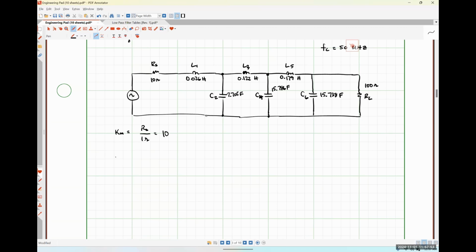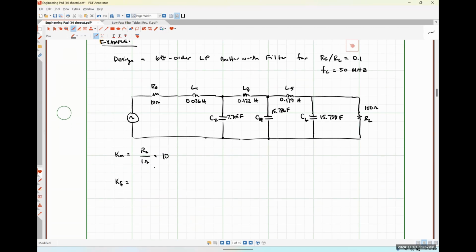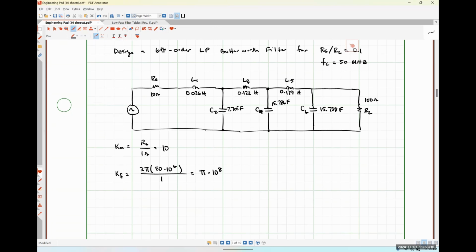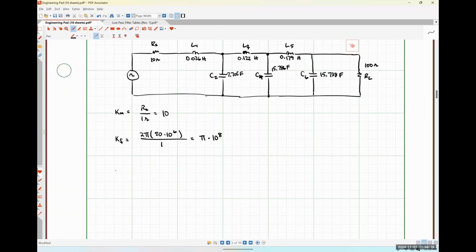For our frequency scaling factor, this part is much easier. Our target cutoff frequency is 50 megahertz. So that's going to be 2 pi times 50 times 10 to the 6th over 1, which is just pi times 10 to the 8. Okay. So using this, L1 prime, how did I get that 500?